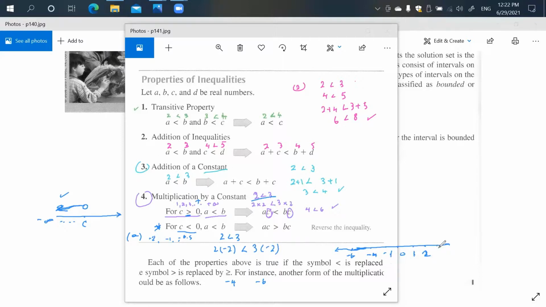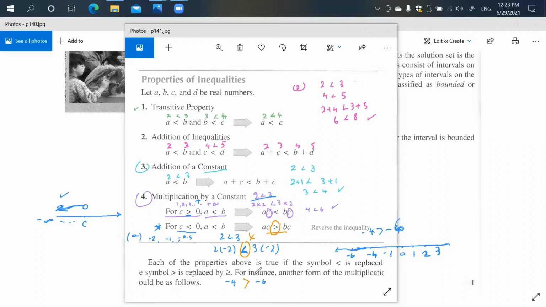Like 3 is on the right hand side of 2, so 3 is greater than 2. And 1 is on the right hand side of 0, so 1 is greater than 0. So if negative 4 is on the right hand side of negative 6, then negative 4 should be greater than negative 6. So if you still keep less than, it is wrong. You have to change the less than to greater than. That's why you see in the definition they have greater than here.